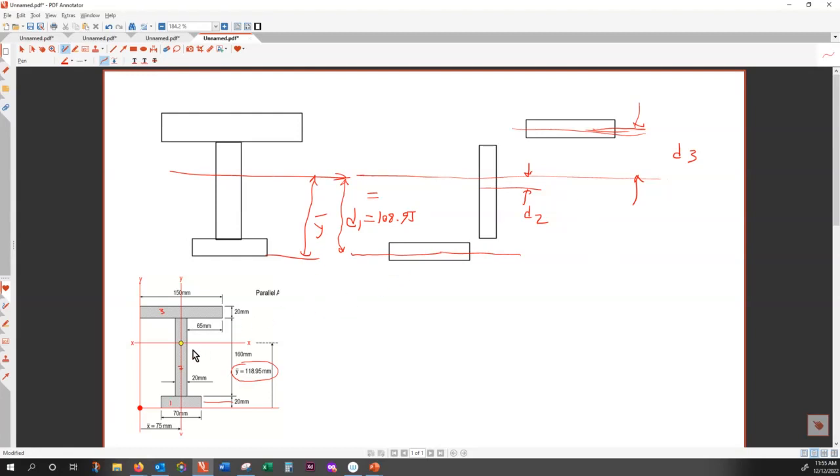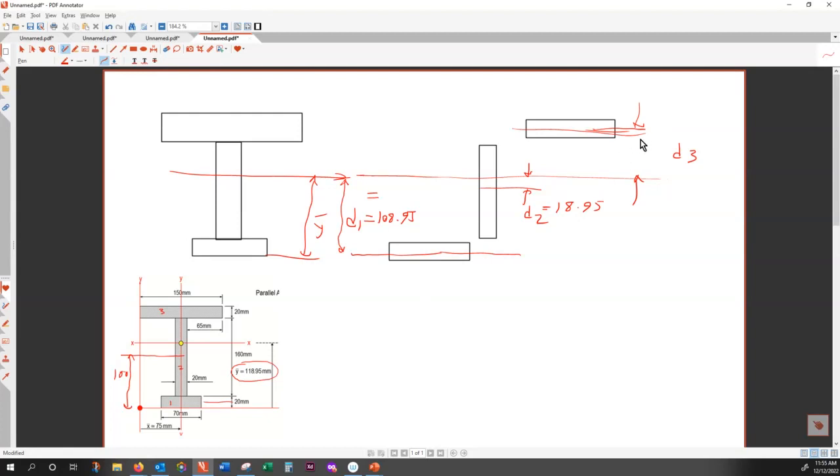So what about D2? D2 is from this center. So this center is measured. D2 is 20 plus 80, which is 100. So 100 compared to that, D2 is equal to 18.95. Is that clear? Everyone can follow this.